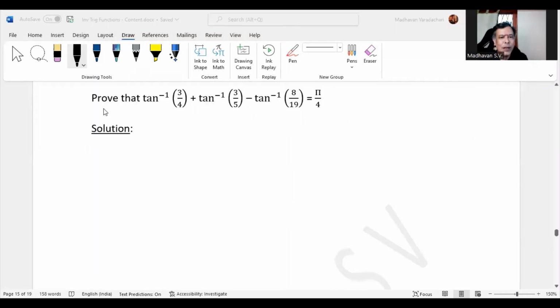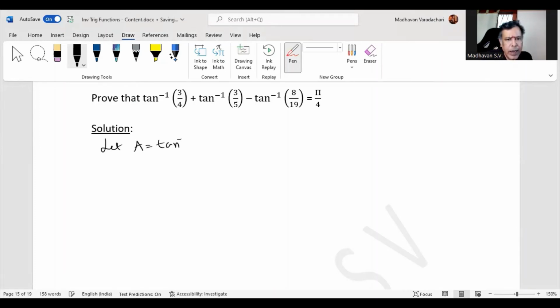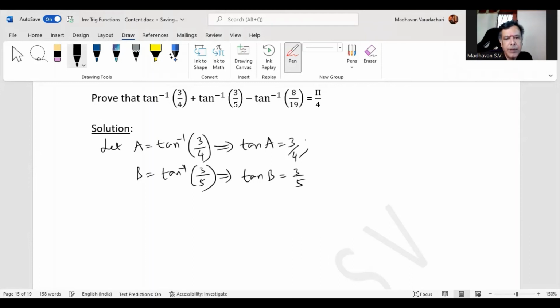Next, we need to prove that tan inverse of 3 by 4 plus tan inverse of 3 by 5 minus tan inverse of 8 by 19 is equal to pi by 4. Again, let us assume A equal to tan inverse of 3 by 4. That means tan A is 3 by 4. Same way, let B equal to tan inverse of 3 by 5, which means tan B will be 3 by 5.